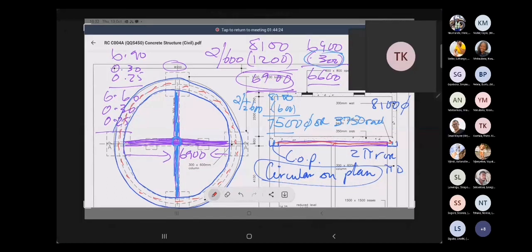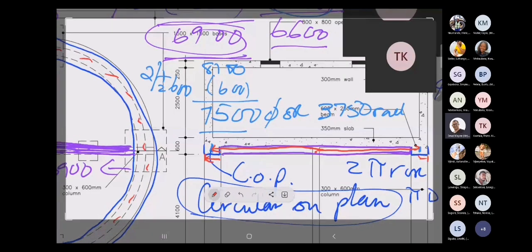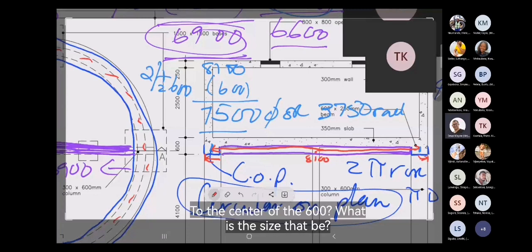Right? Okay? So what do I say? If what I mentioned from here to there was 8 100, I now need to get to the center of the 600.